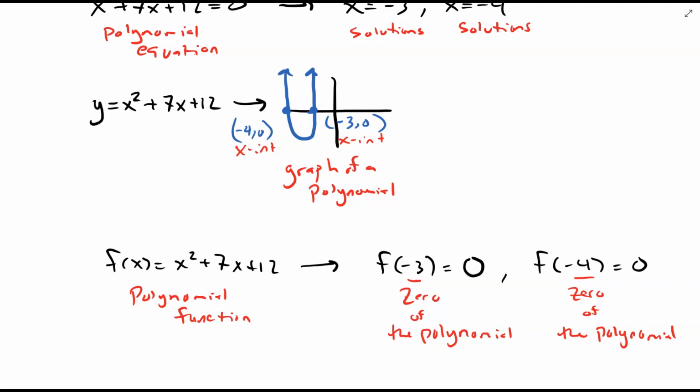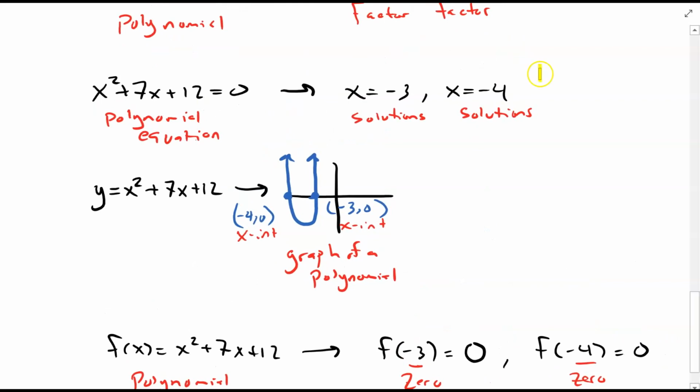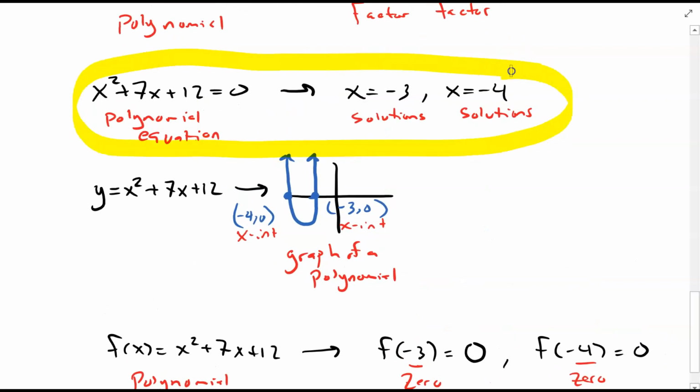Which one of these would be maybe the most valuable ones to know? Which ones are going to be the most inclusive? The solutions are going to be the most inclusive ones.